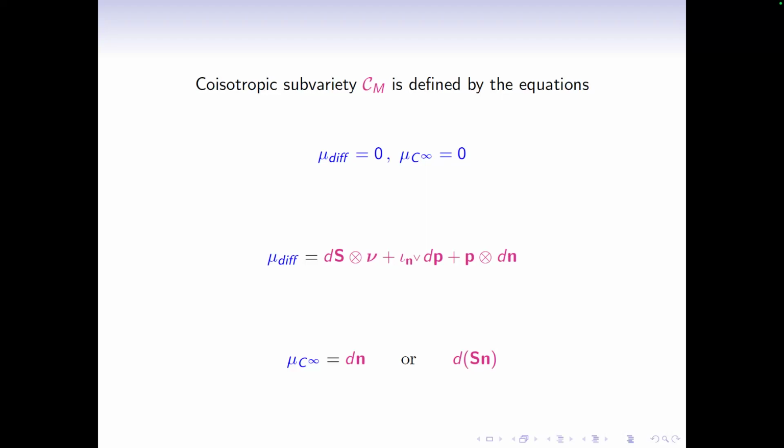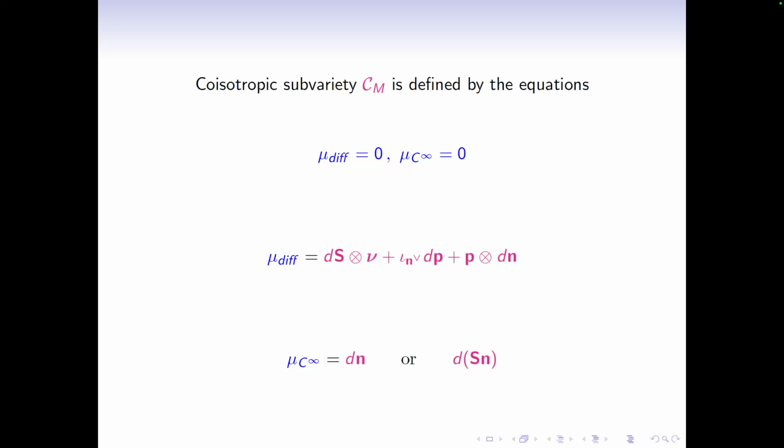So this is how duality works, the pairing.